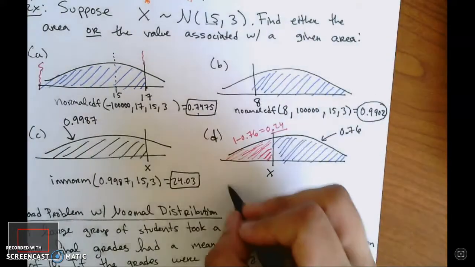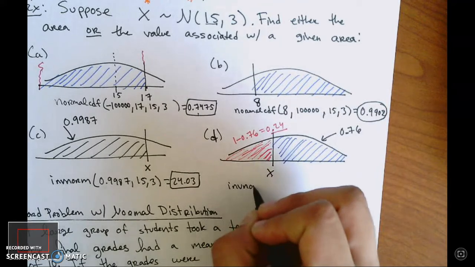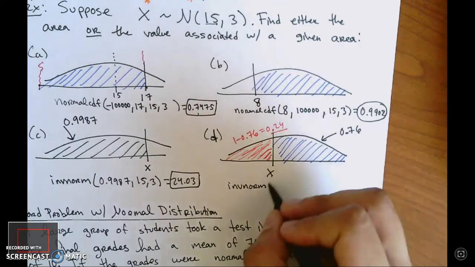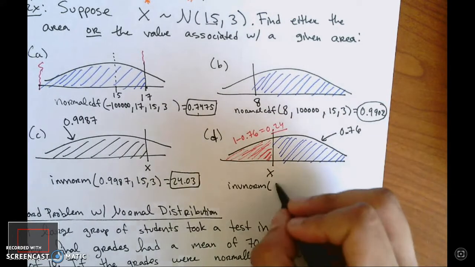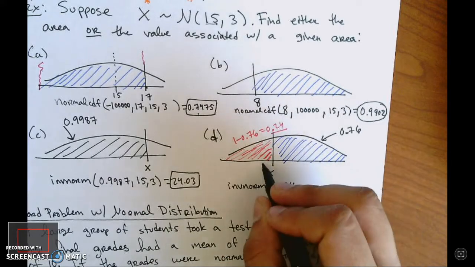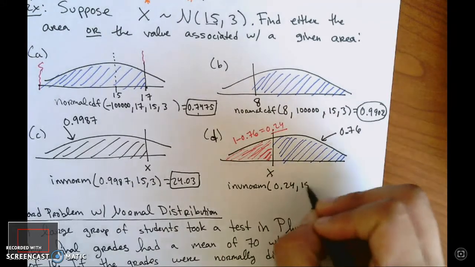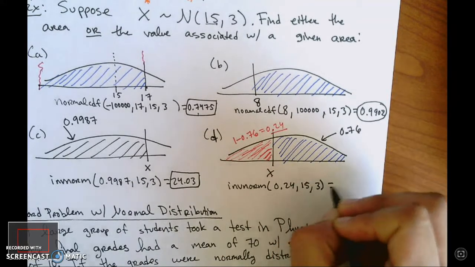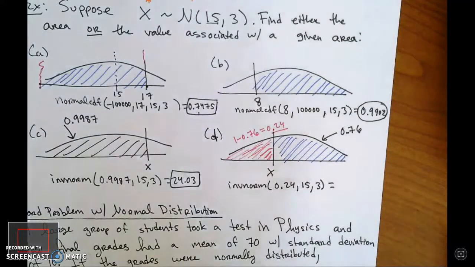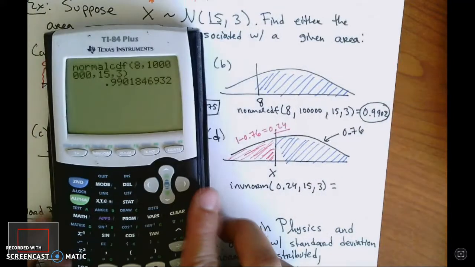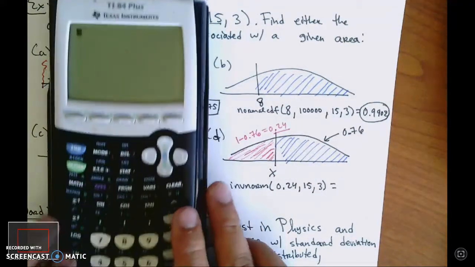So I'm going to put inverse normal, then 0.24, which is the area to the left of this. The mean is still 15 and the standard deviation is 3. So what am I going to get? I'm going to use this calculator now; I'm switching back and forth to cater to you guys.